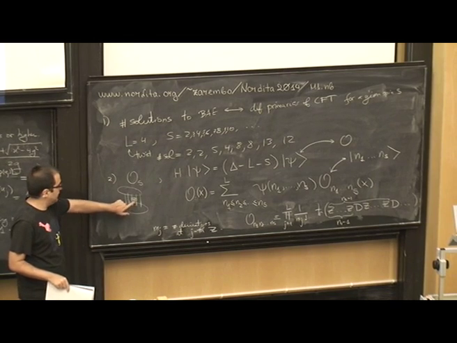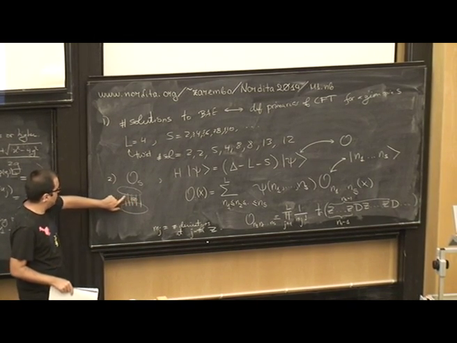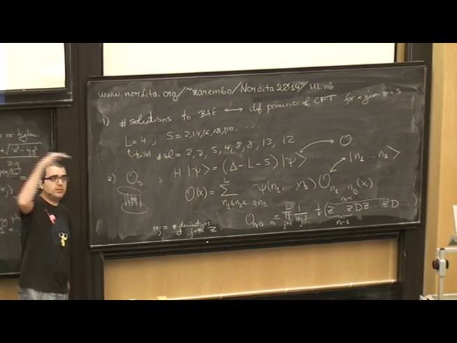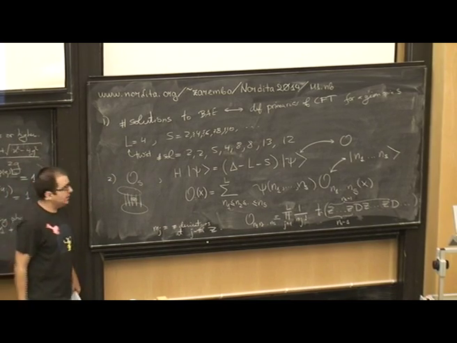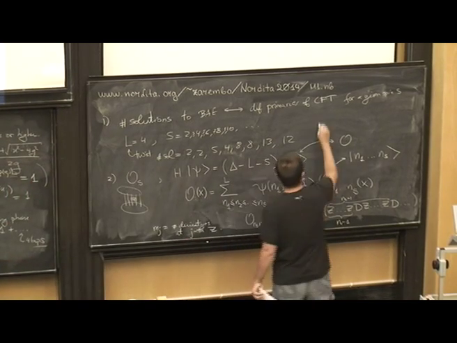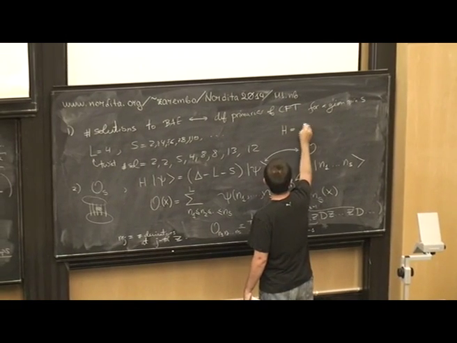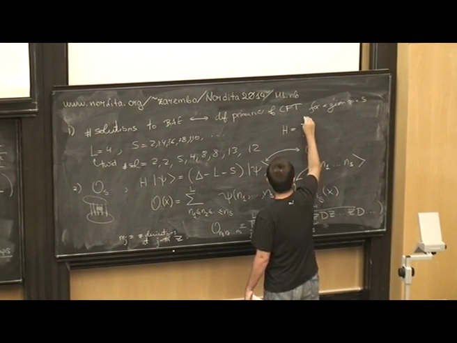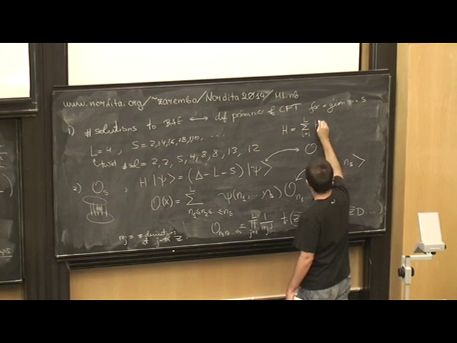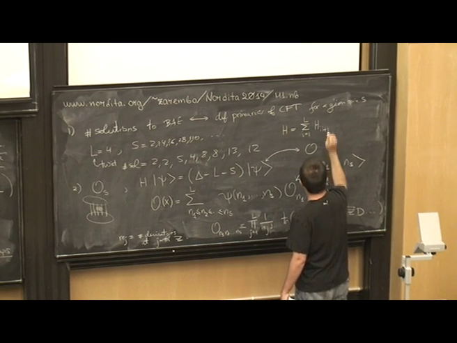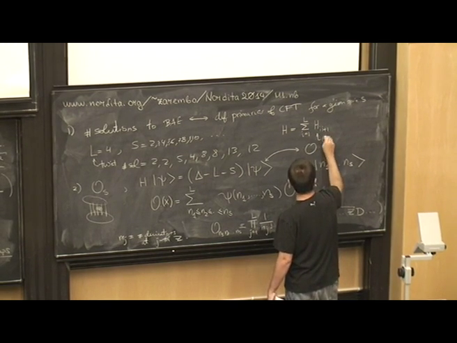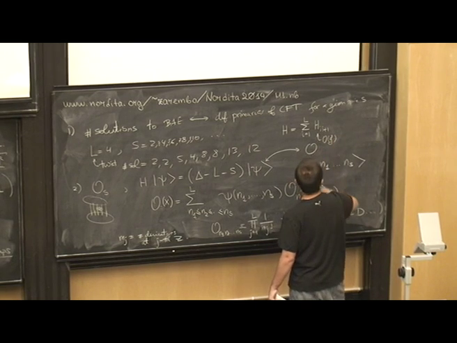Because of planarity, you cannot have a Feynman diagram where this leg talks to a very far away leg. You have to cross the diagram, it will not be planar. And therefore, this Hamiltonian H is a sum from i equal 1 up to L of a Hamiltonian density that acts on sites i and i plus 1. This is at one loop at order g squared.